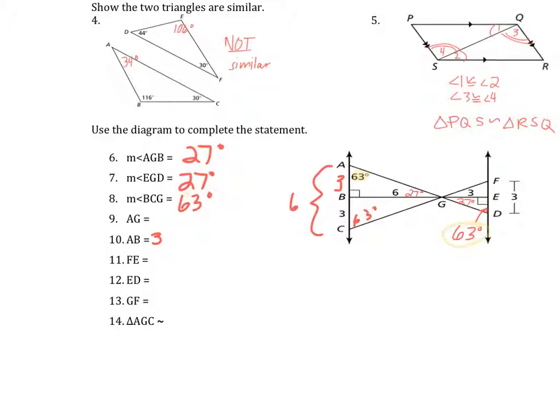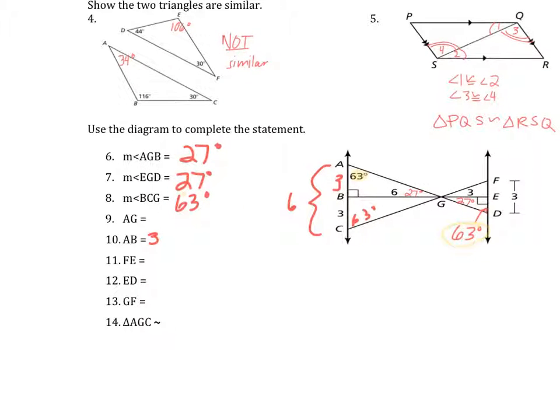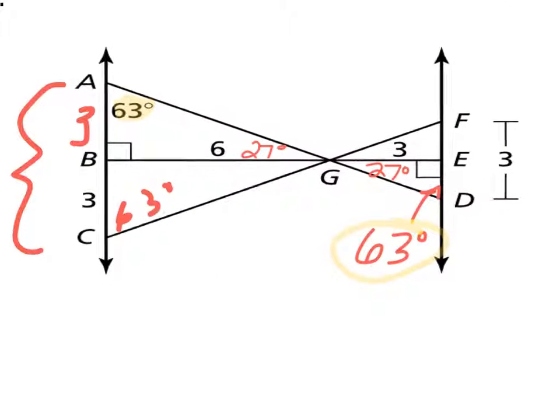Likewise, you know that this whole part, FD, is 3, so it cuts this into 2 sections since that is the median. So FE and ED both have to be 1.5.